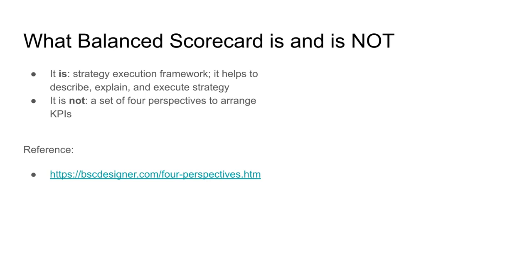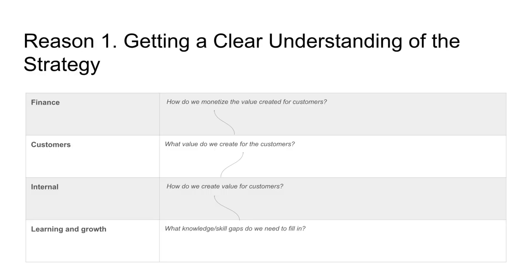And when you have a strategy described, it's actually easy to discuss it, to explain it to your colleagues and so on. So strategy execution framework, what does it mean? Let's review the strategy map created for a startup, and I think you will get it. And the reference here goes to an article that explains the balanced scorecard in detail.